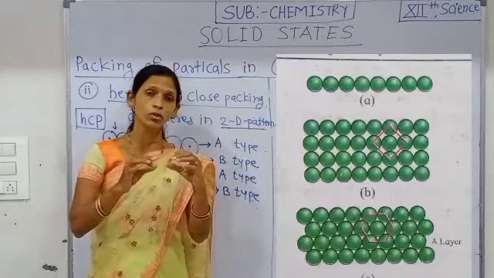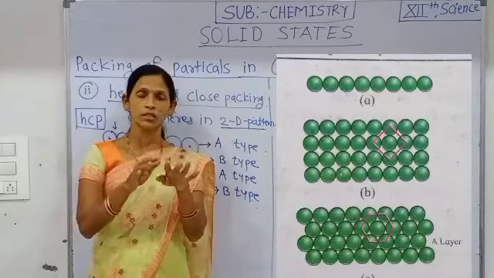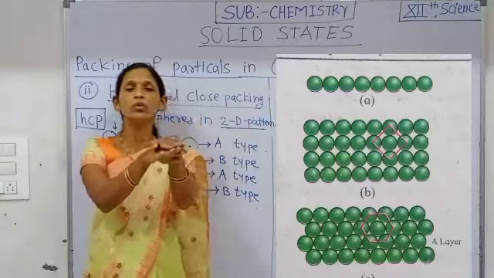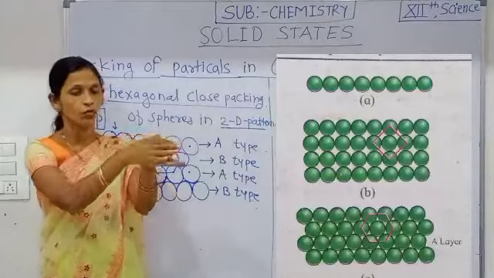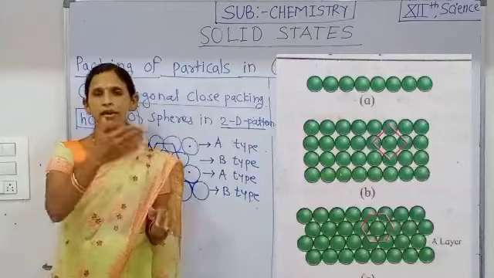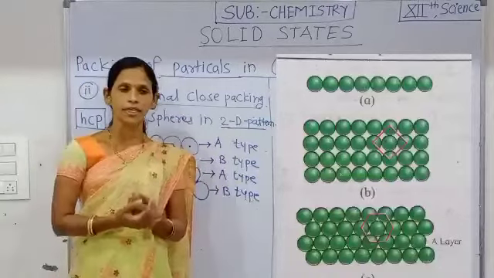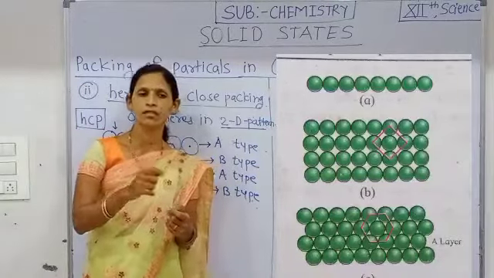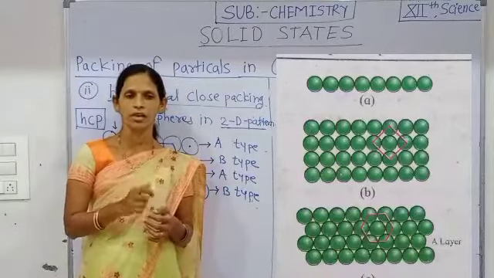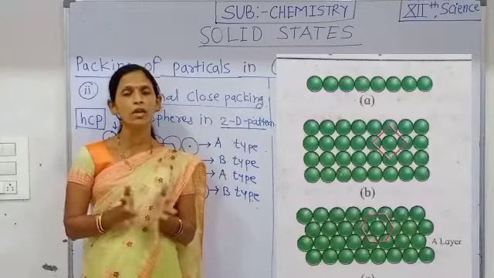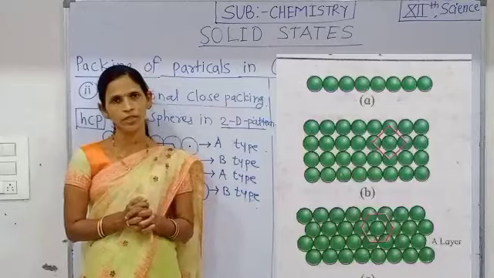Then those rows of spheres, when stacked over each other, form a layer of particles in the crystal lattice, which is the two-dimensional arrangement of the spheres.